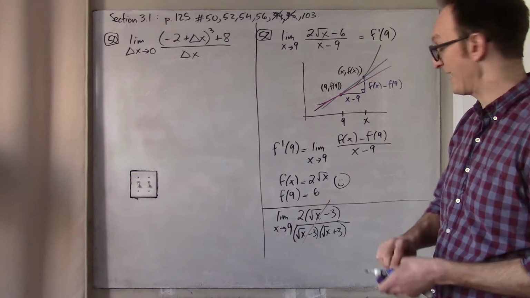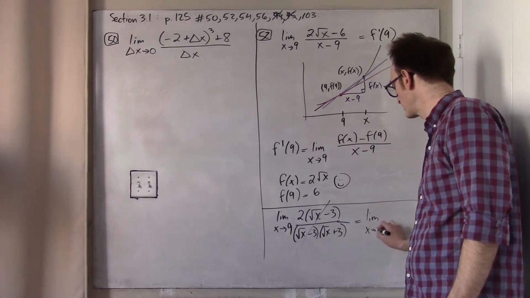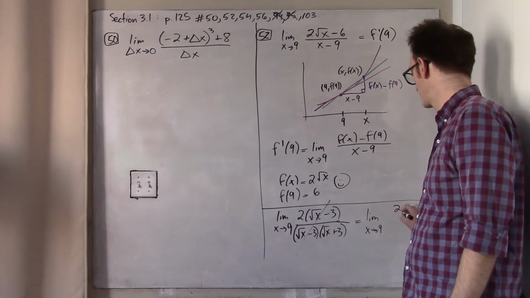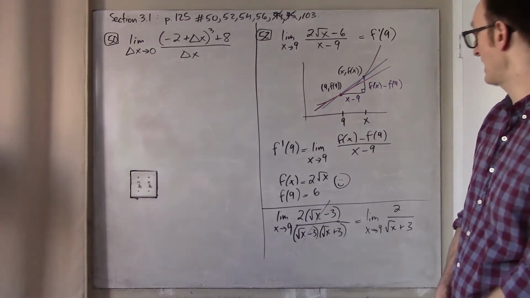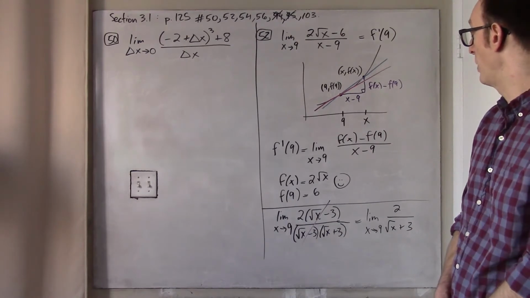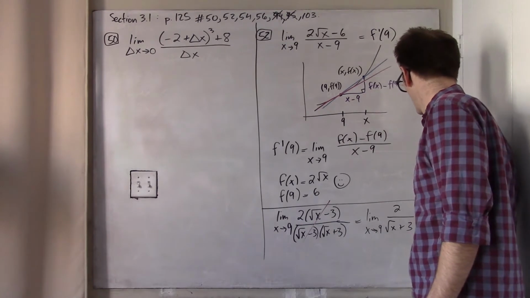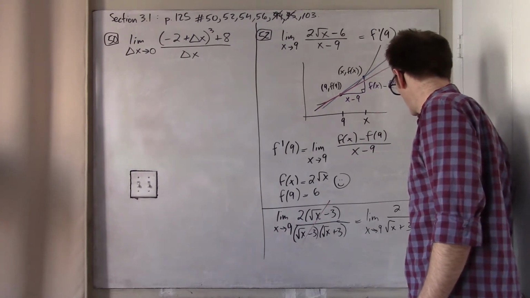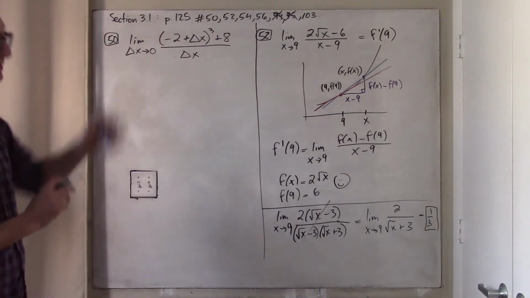So we get the limit as x approaches 9 of 2 over root x plus 3. And then that's just 2 over 6, so that is 1/3. Even if I didn't know anything about differentiation, I could tell you that this limit was just 1/3 by simply doing it.